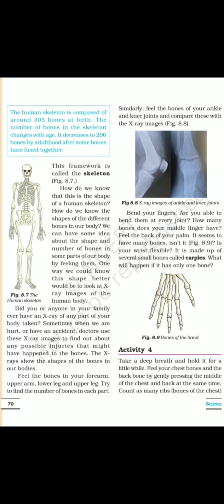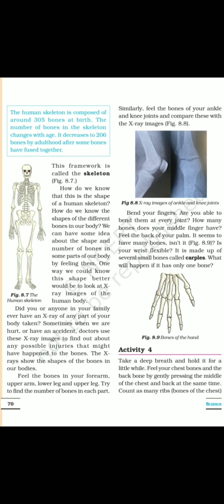Ribs are attached to the upper part of the backbone from the back side and to the breastbone from the front side. If we talk about the lower backbone, we have the hip bone.